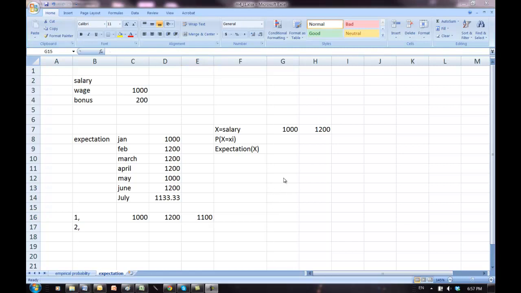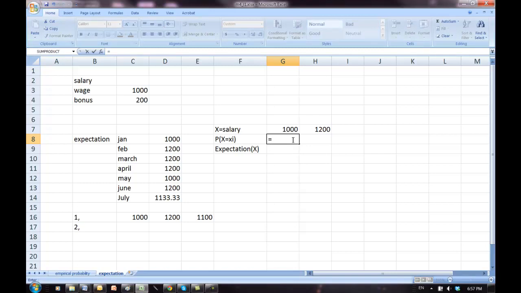And now let's actually frame the salary as a variable that can only take on two values. One is 1,000, the other is 1,200. And we use the same logic to estimate the corresponding probability associated with these two values.